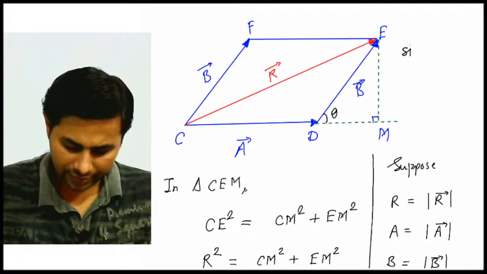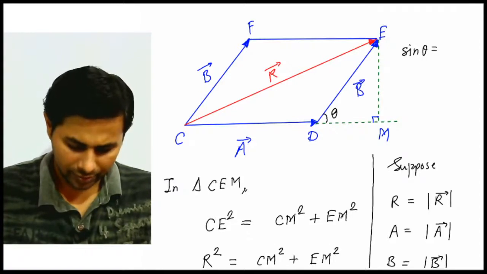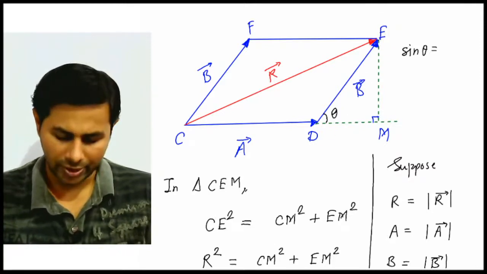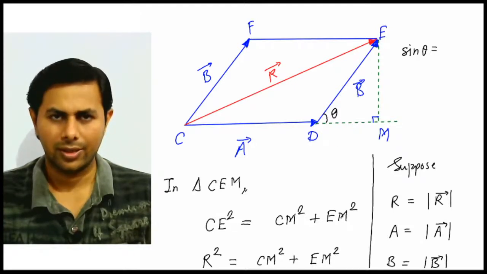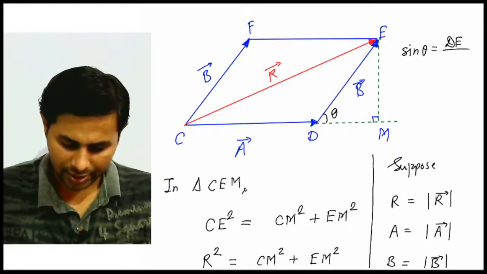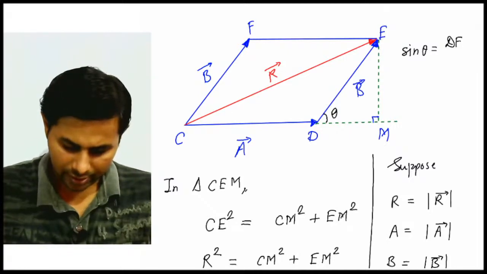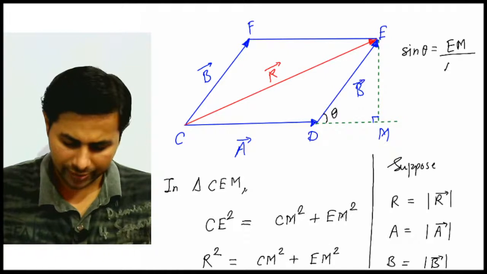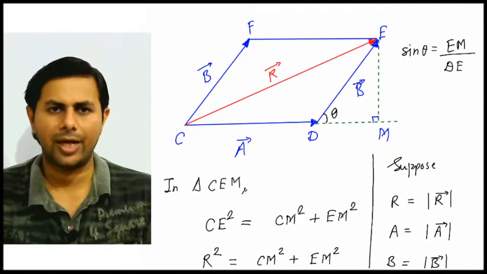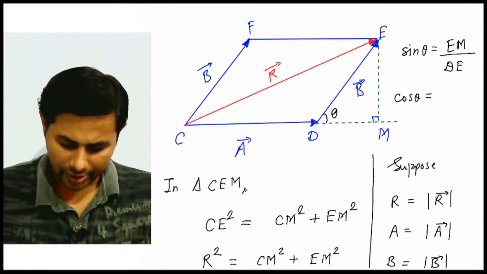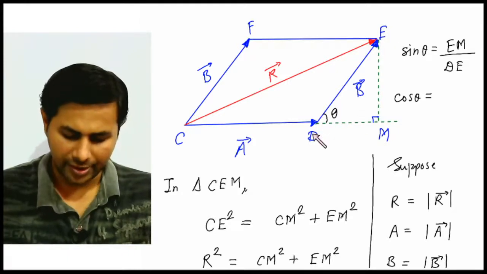I can say sine theta equals this opposite side divided by hypotenuse, and the length of hypotenuse is magnitude of vector B bar, so I can say it is B. So it is EM divided by DE, which is our sine theta, opposite side divided by hypotenuse, and cosine theta is adjacent side divided by hypotenuse, so it is DM divided by DE.